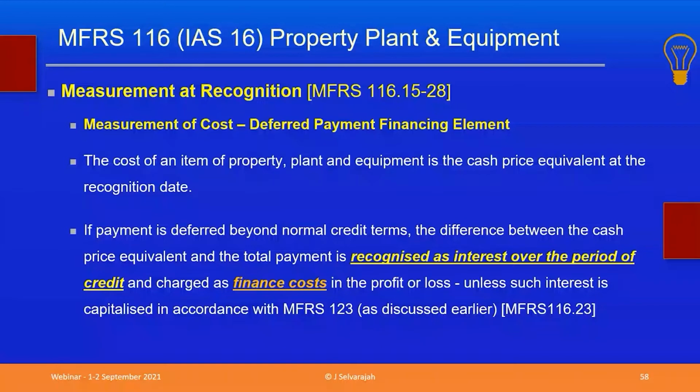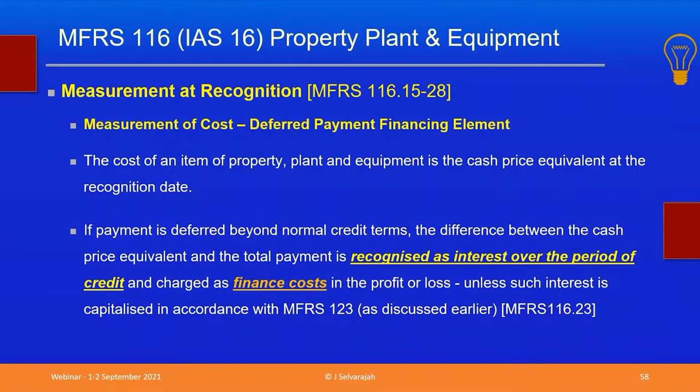Whatever it is within a year, you don't calculate time value of money under the standards, because the standards say that even though within a year there is time value of money, even 3 months there is time value, it is not material, and so you can ignore time value of money or deferred credit interest if it is 12 months or less.